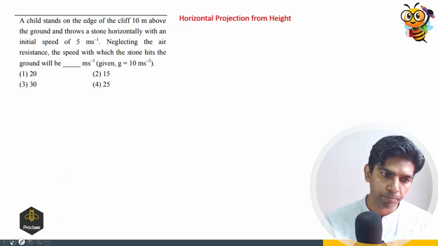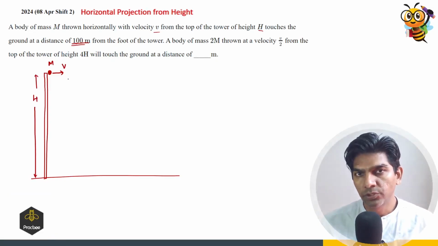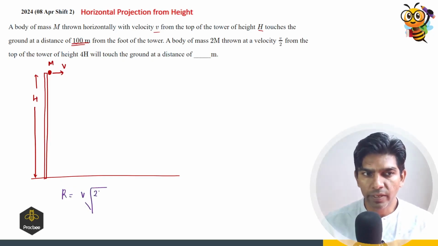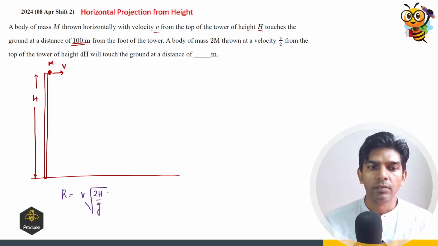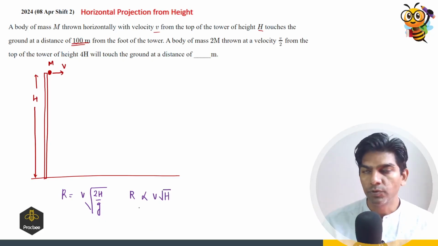Okay, let us see. In case of a horizontal projection from a height, the range is given as the velocity of projection times the time of flight, which is root of 2h by g. So we can say the range is directly proportional to velocity and directly proportional to square root of the height of the tower. So we're going to use this.